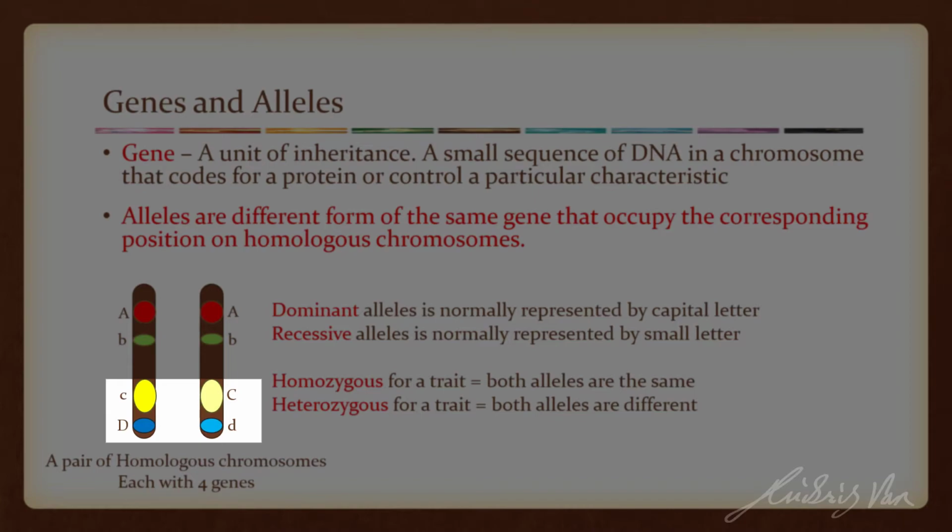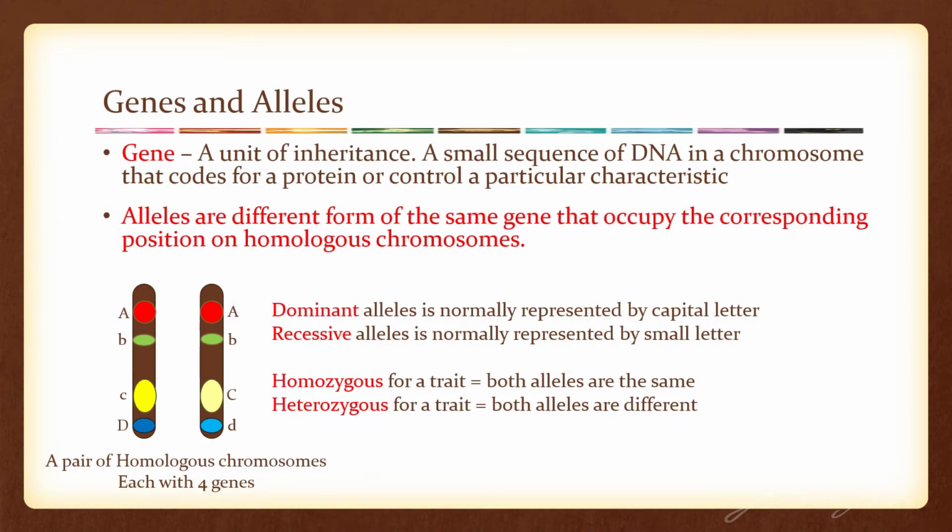As long as one is the dominant allele and one is the recessive allele, we will call them heterozygous. For homozygous, we can use it most of the time, but if we want to be specific, we can say that they are either homozygous dominant, whereby both the chromosomes have the dominant alleles, or homozygous recessive, whereby the chromosomes have both recessive alleles.